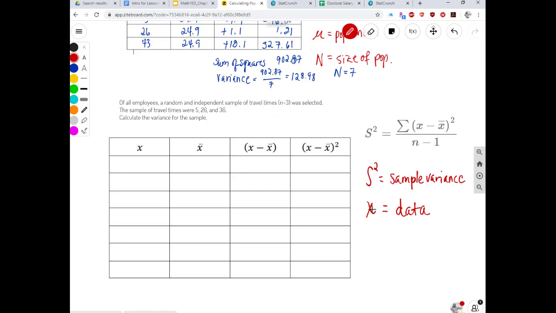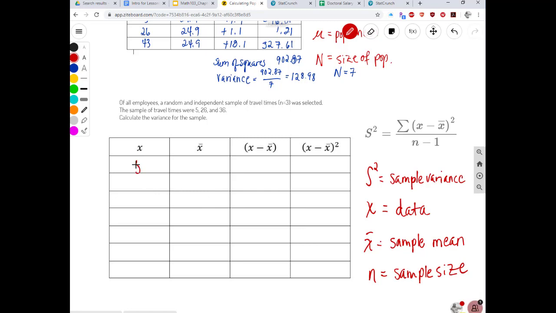So here my X would be 5, and another one would be 26, and another one would be 36. X bar is the sample mean. N is my sample size, which is 3.